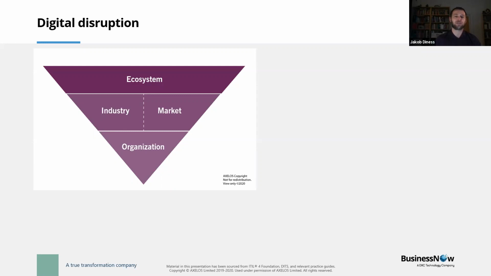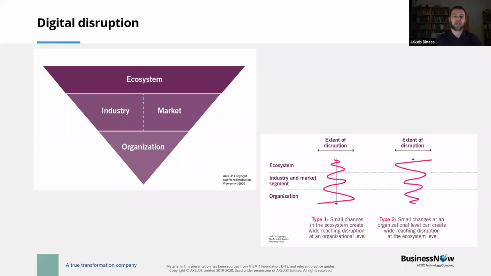So these are levels, as you can see, different ways to position your company or your products in the digital disruption model. One way to look at it is that in this model, I hope you can see it to the right, either you can be disrupted by something happening in the ecosystem, and that affects your organization.